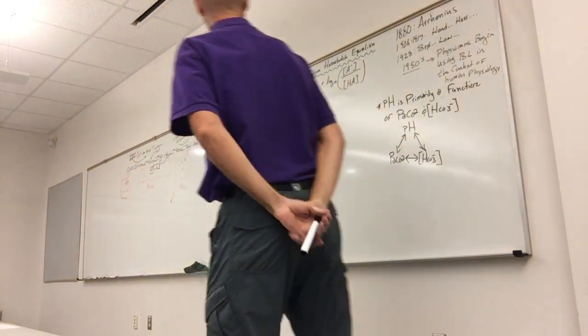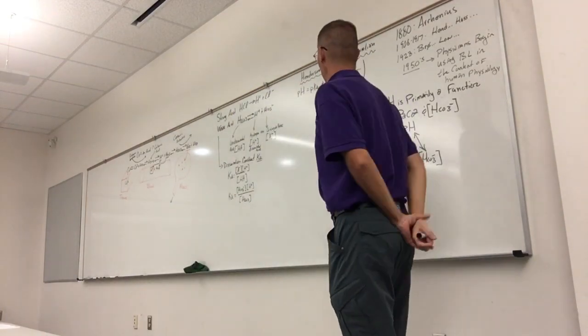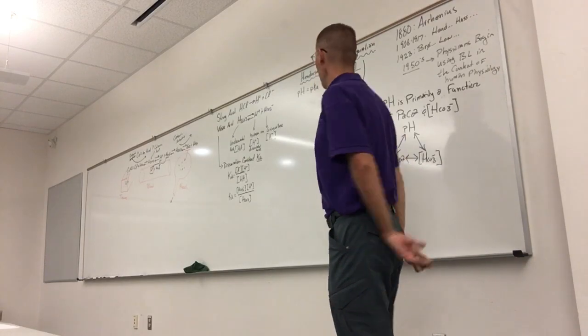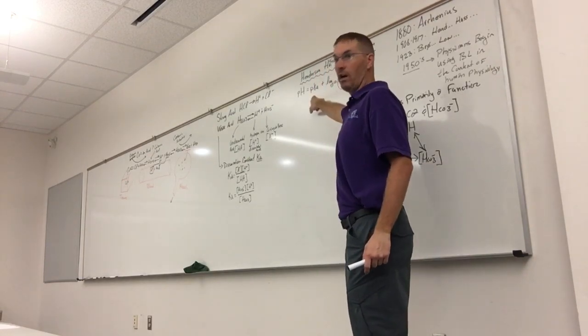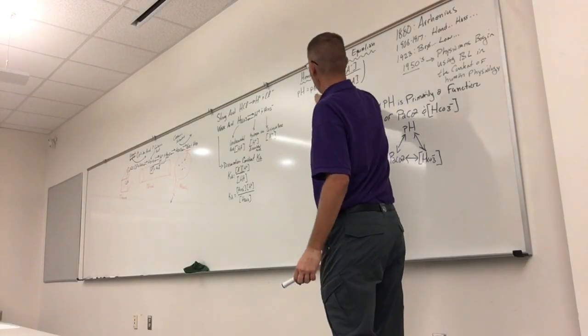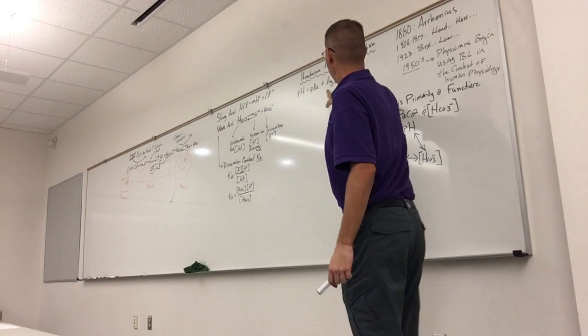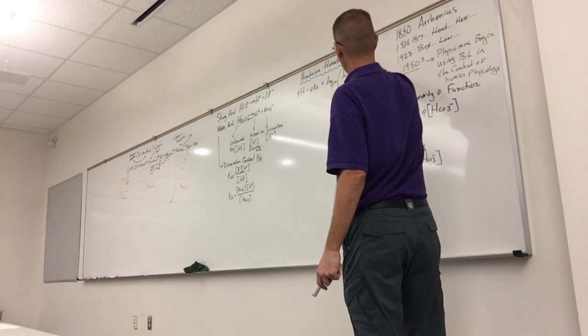The Henderson-Hasselbalch equation states that the pH equals the pKa, and we're going to talk about what pKa is, plus the log base 10 of A minus divided by HA.